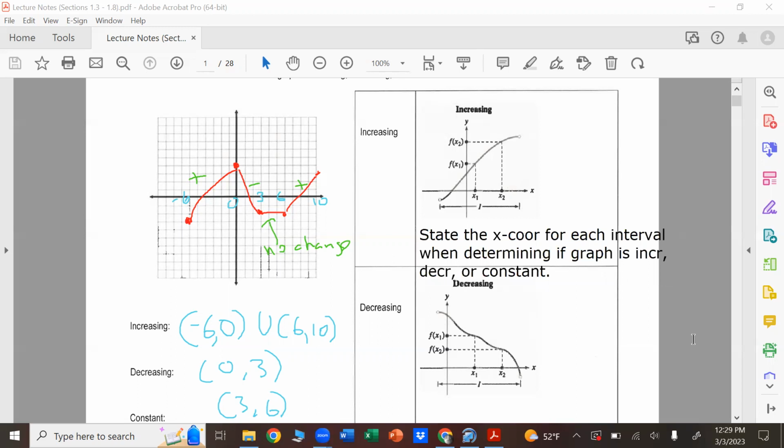There we go. So you gotta say the x coordinates for each interval when determining if the graph is increasing, decreasing, constant. Don't say the y. You always say the x.